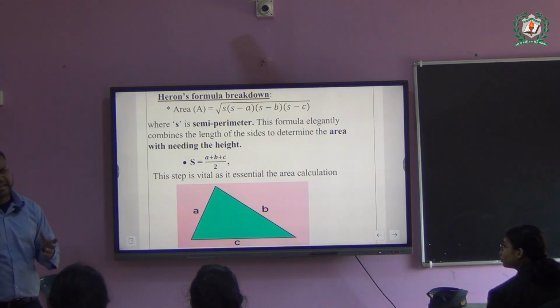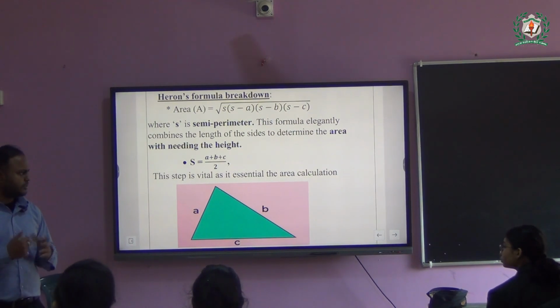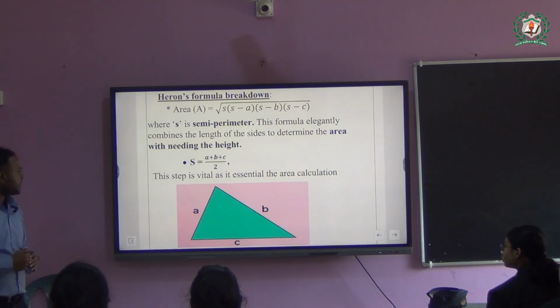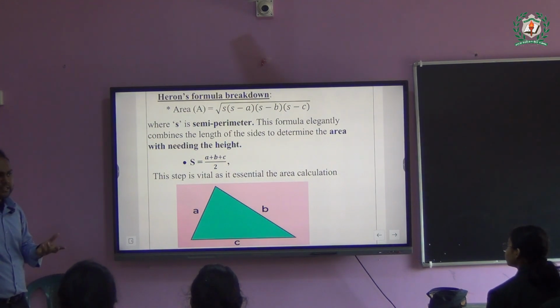Here you see that S equals half into the sum of all sides, that is, a plus b plus c. Because the three sides are known to us, this is very helpful to calculate the semi-perimeter. Go through this formula.